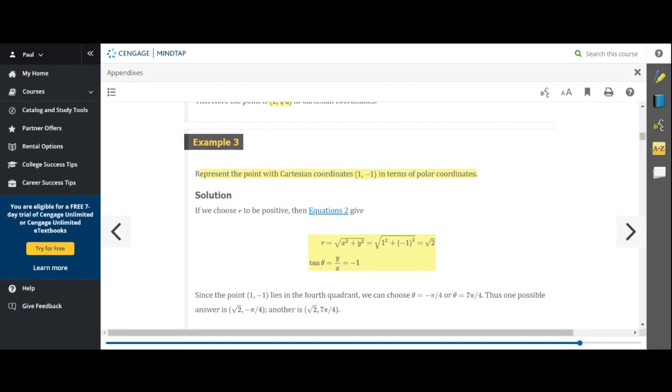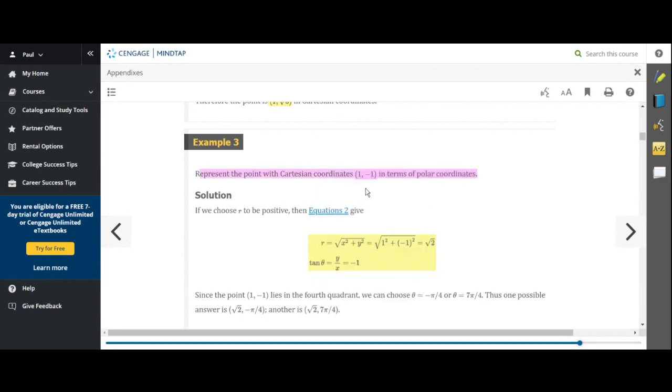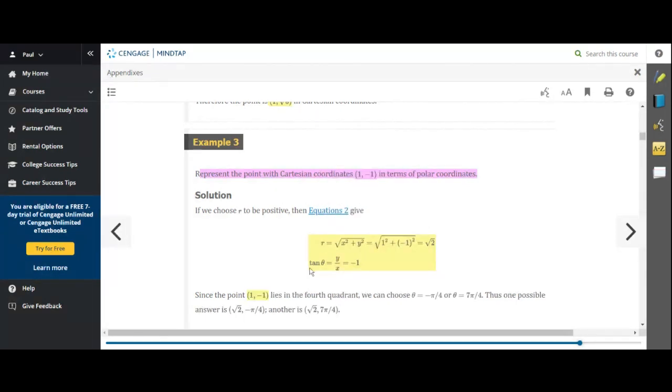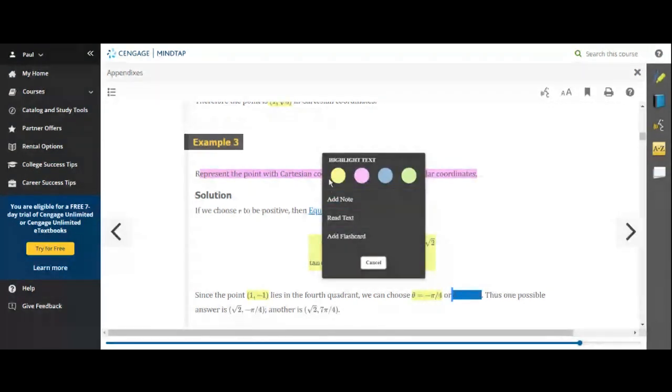So which quadrant is correct? If you look again at your Cartesian coordinate 1, -1, I'm sorry, that point lies in the fourth quadrant. And so the angle that we give has to be in the fourth quadrant. You can choose either theta equals -π/4 or theta equals 7π/4.